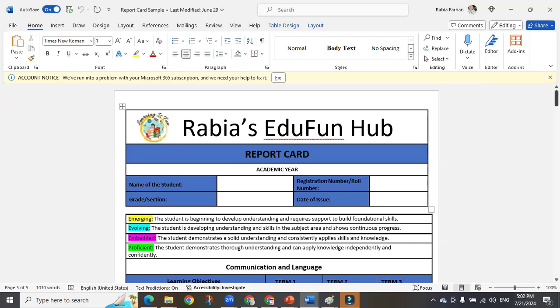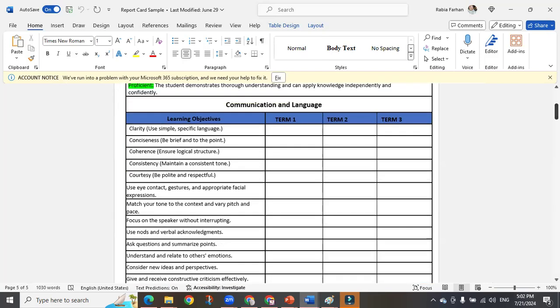The report card is also designed in such a way that we are going to put everything in communication and language. When you're talking about the prime areas of learning, communication and language is the foremost. Then comes PSED, personal, social, and emotional development, and then PD, that is physical development.